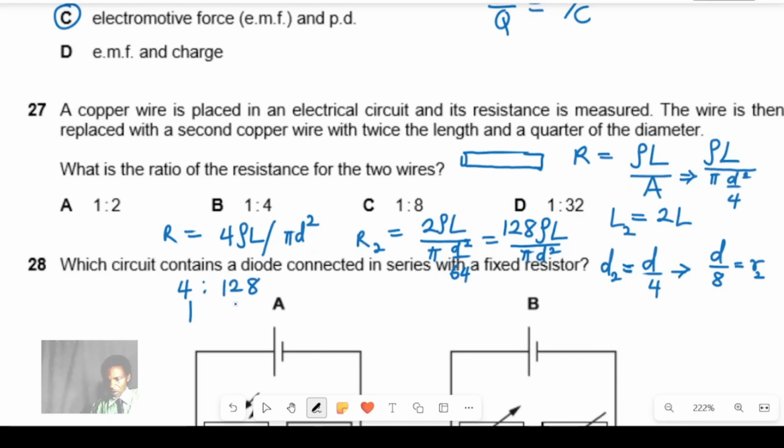So 128 divided by 4 will give us 1 to 32. So number 27 is D.